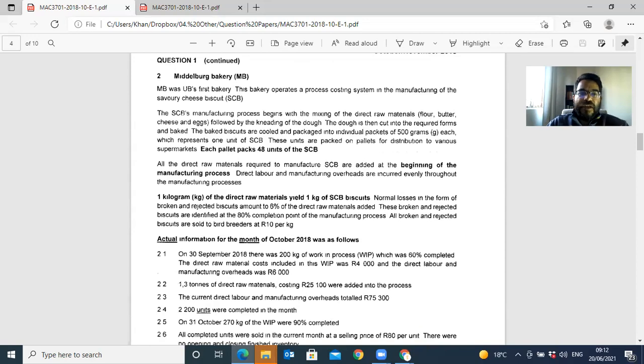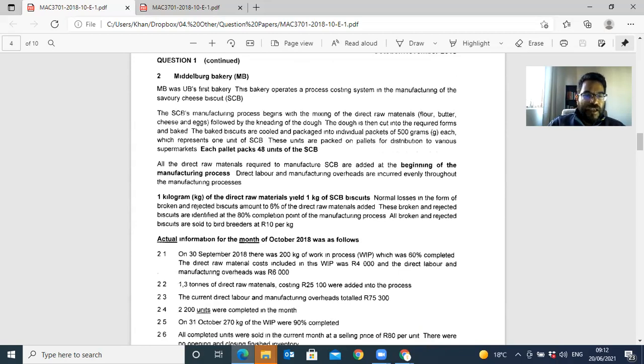So I'm going to read MB again because we're busy with MB. So I'm going to read the scenario again just to remind us, and then we will work through it together. So they say MB was UB's first bakery. This bakery operates a process costing system in the manufacturing of the savory cheese biscuits.